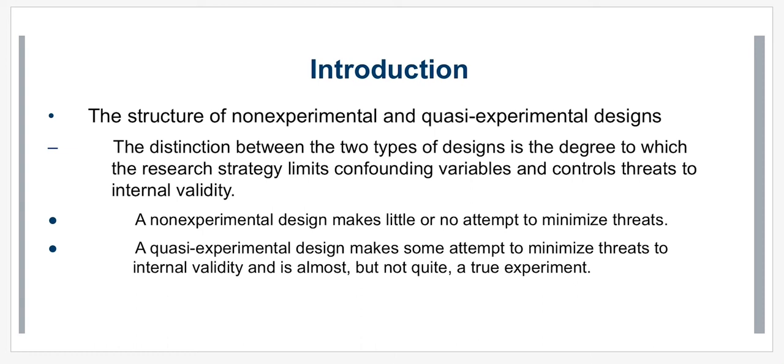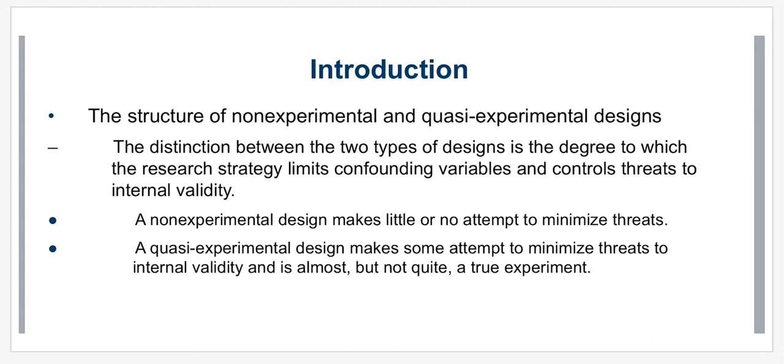It still gives you lots of valuable information about how variables are related. We just can't make those cause and effect definitive statements from non-experimental or quasi-experimental studies. But again, we can still get lots of valuable information.